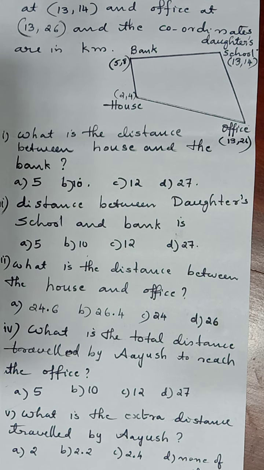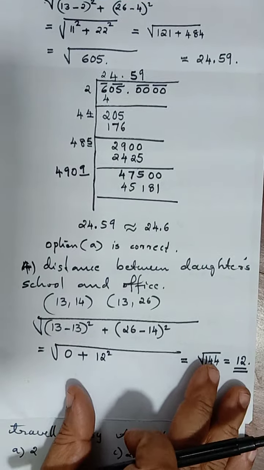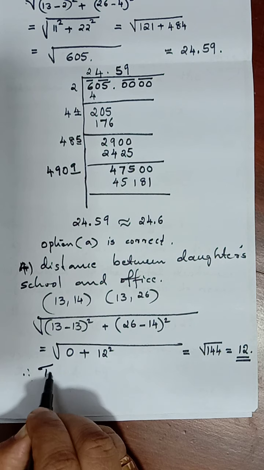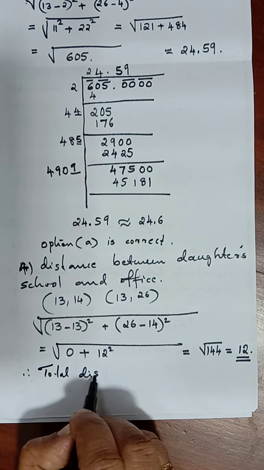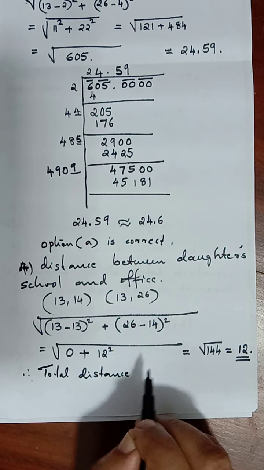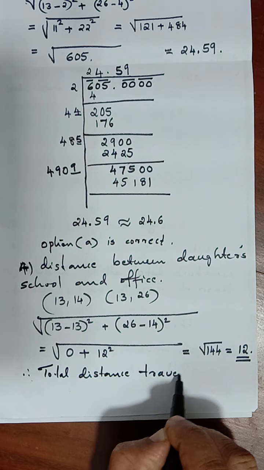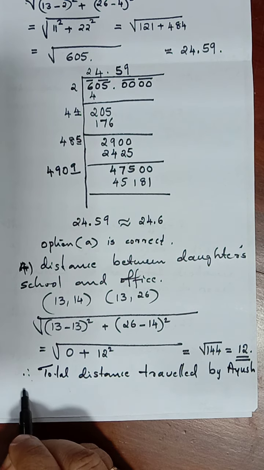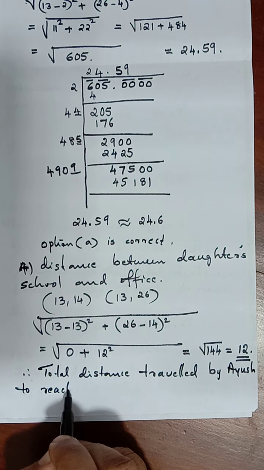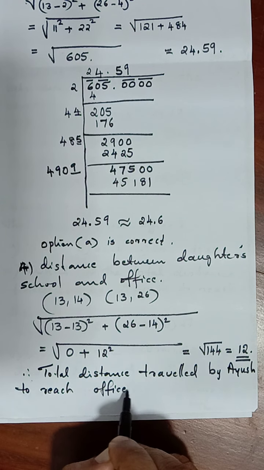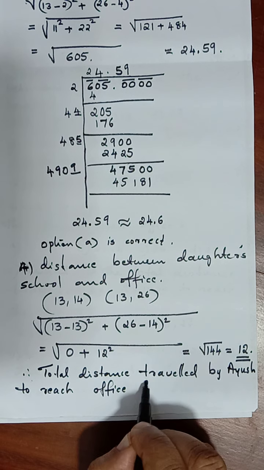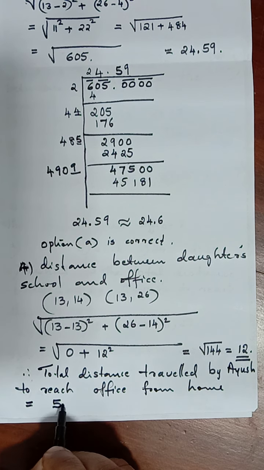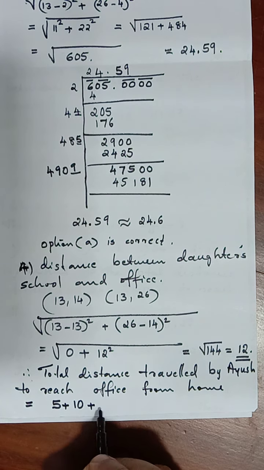Therefore, total distance traveled by Ayush to reach office from home is equal to 5 plus 10 plus 12.